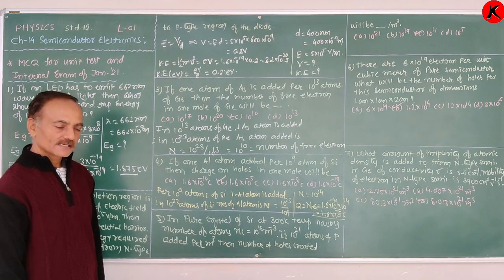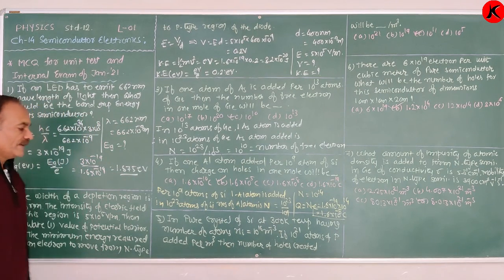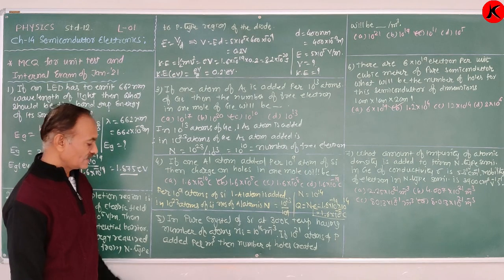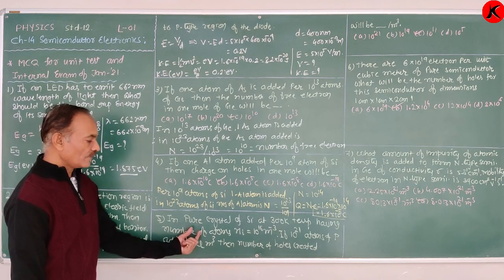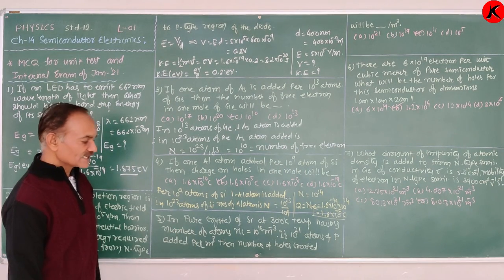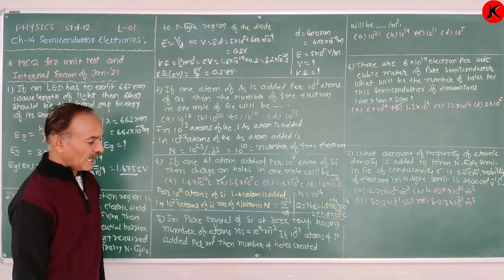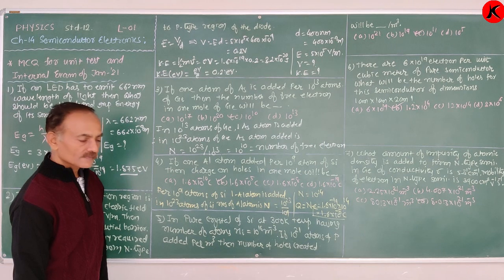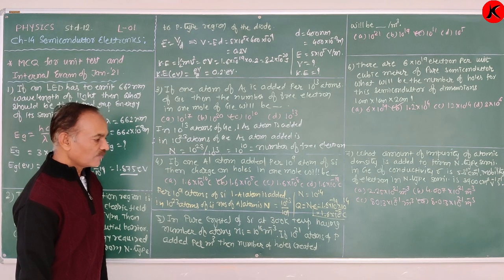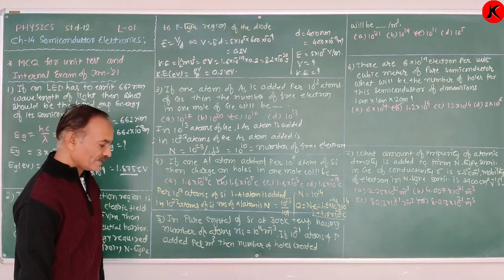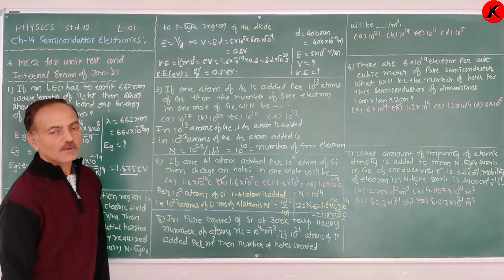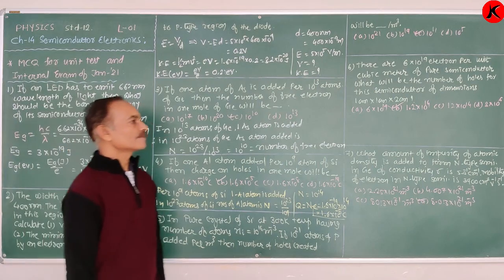Clear it? Okay. Now, next: in a pure crystal of silicon at 300 Kelvin temperature, the intrinsic charge density Ni is equal to 10^16 per meter cube. If 10^21 atoms of phosphorus are added per meter cube, then the number of holes created will be how much per meter cube?